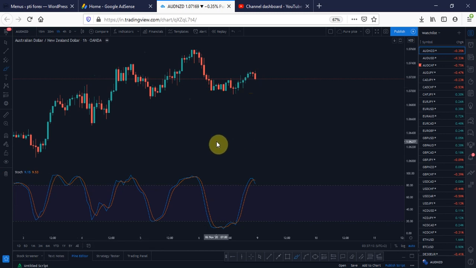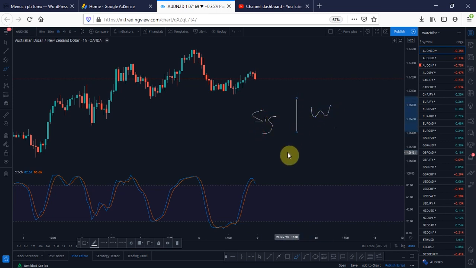Because of that issue, you have to treat this indicator as a signal or as a warning indicator. If it tells you that now price is overbought, it means be ready that any time from now price will go down.